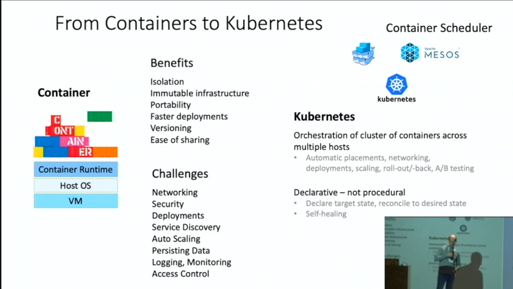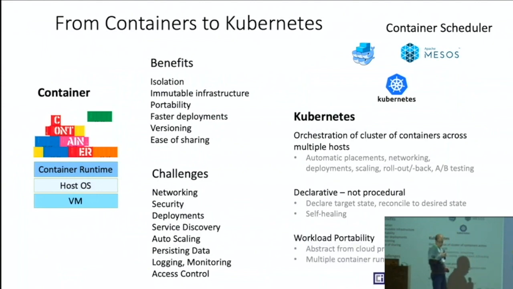Kubernetes is also prepared to provide self-healing, so if something goes wrong, some containers don't work anymore, they will be automatically restarted. And furthermore, with Kubernetes, you also get more portability because Kubernetes helps to abstract from the underlying infrastructure. And it also provides integration with different container runtimes.